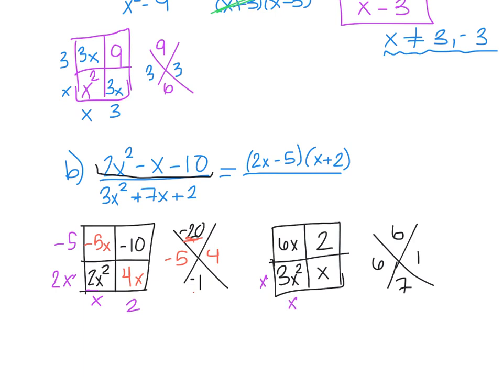So my x times x is going to go out here, but which side will have the 3? We'll think about which one of these is easier to get when you multiply by 3, and that would be this 6x. So I'm going to put that 3 right here, which means 3x times 2 is 6x, and then x times 1 is x.